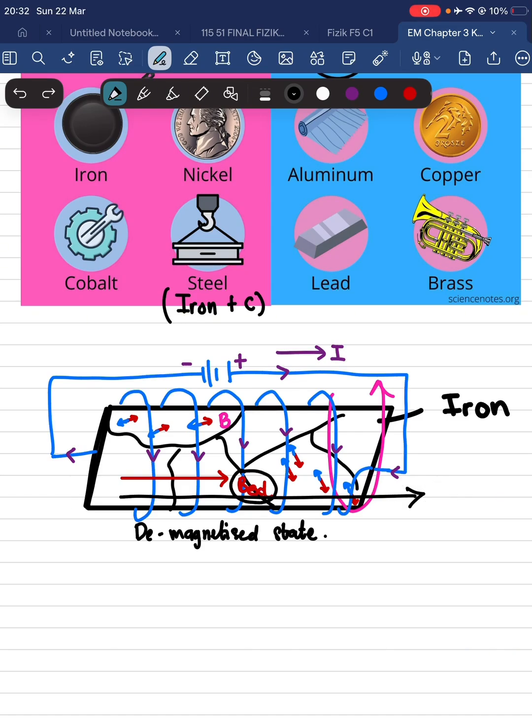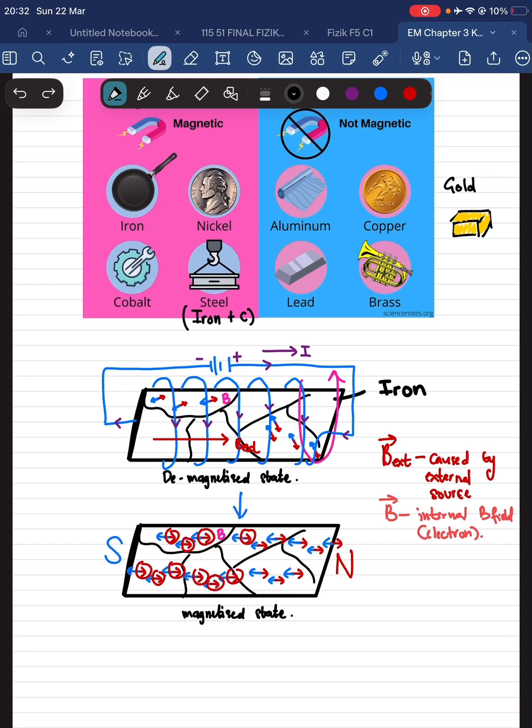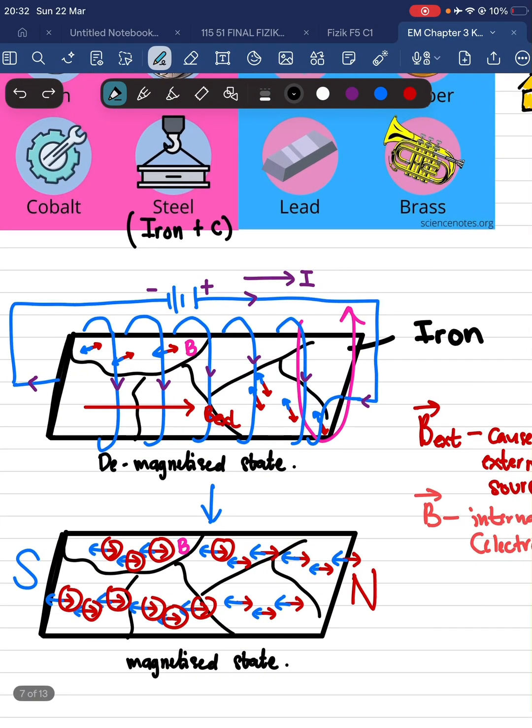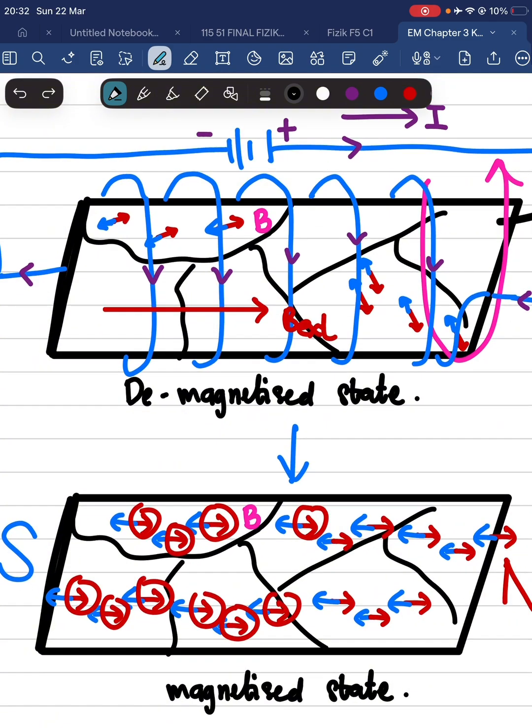But how can this circulating current cause a magnetic field, and how can this external magnetic field cause magnetism overall? Because the action of the magnetic field, the B external, will interact with the internal magnetic field. The internal magnetic field is the electron in each domain, right?